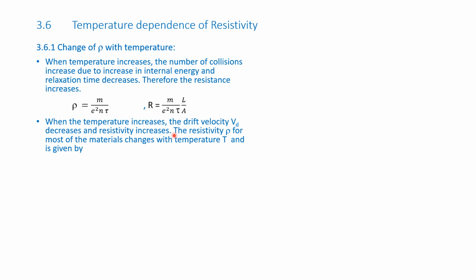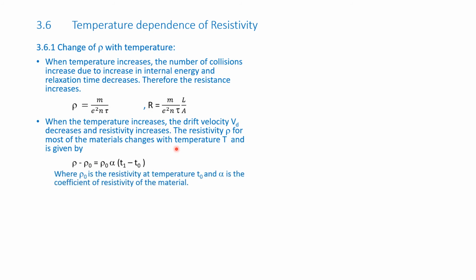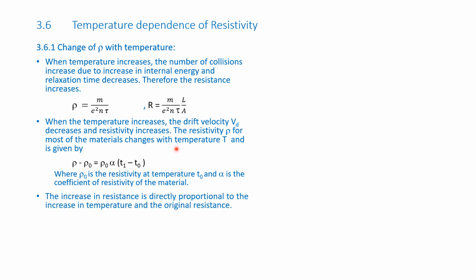The resistivity rho for most materials changes with temperature T, and it is given by the equation rho minus rho naught equals rho naught into alpha into T1 minus T naught, where rho naught is the resistivity at temperature T naught, say 0 degrees, and alpha is the temperature coefficient of resistivity of the material. The increase in resistance is directly proportional to the increase in temperature and the original resistance.